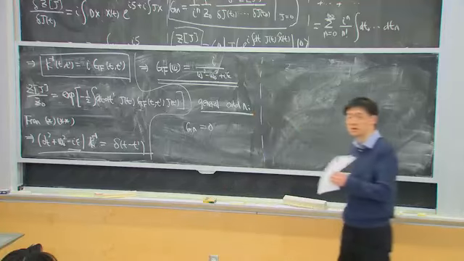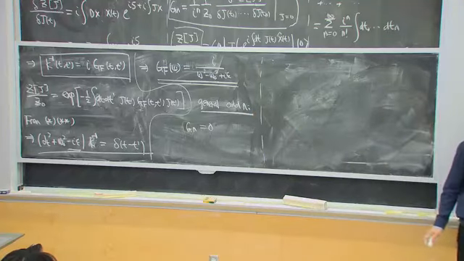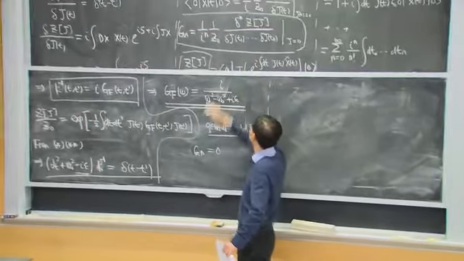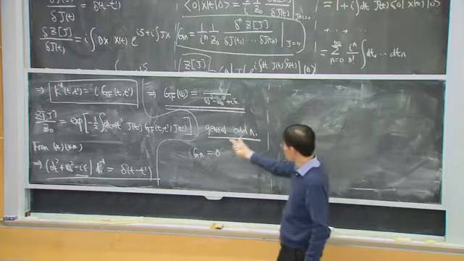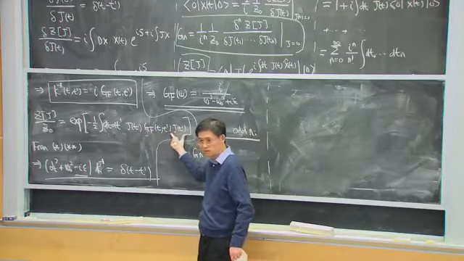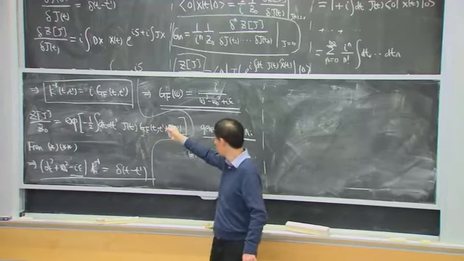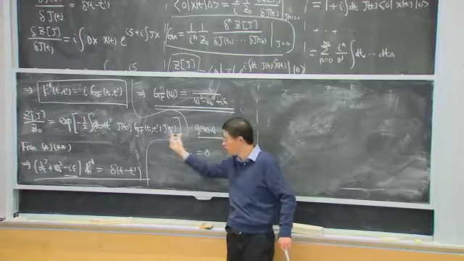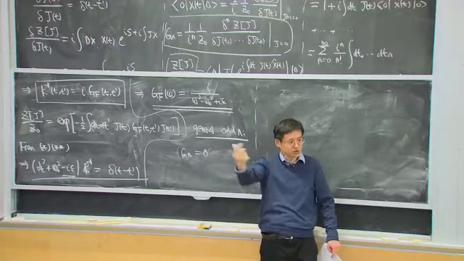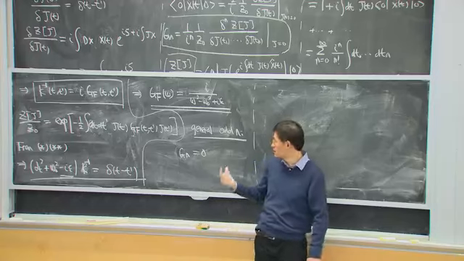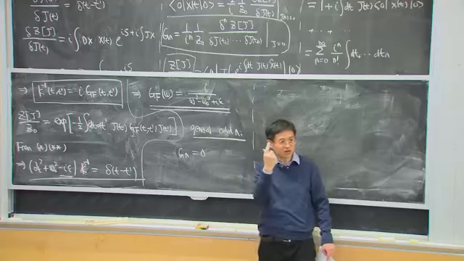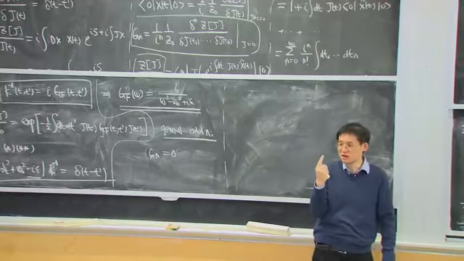The reason is the following. When we carry out this procedure of taking the derivatives, because J is always paired in this exponential, when you take one derivative you bring down another J. In the end we set J equal to 0, so you have to get rid of all the J's you bring down from the exponential. That means n has to be even. If n is odd, there's always one J left, and when you set J equal to 0, the result is 0.